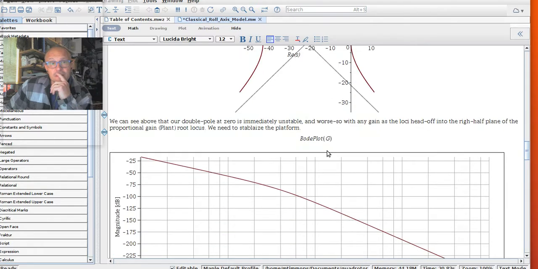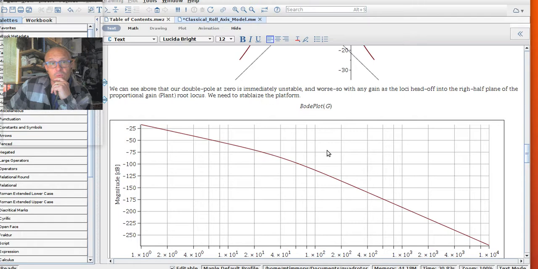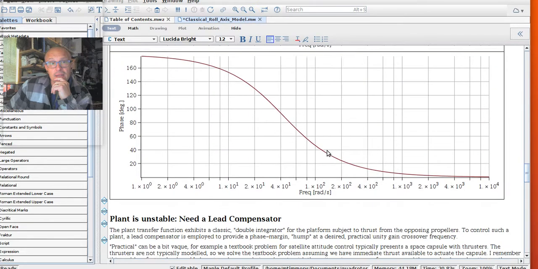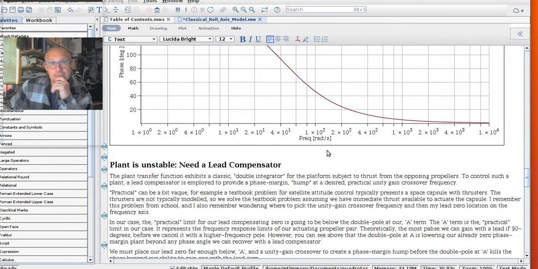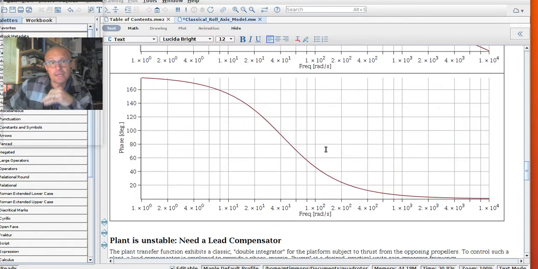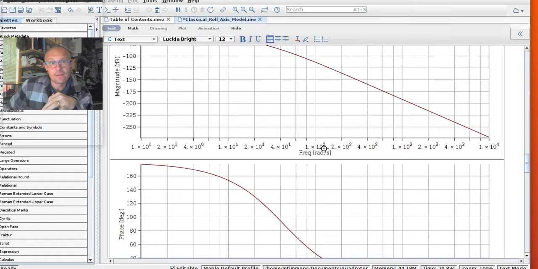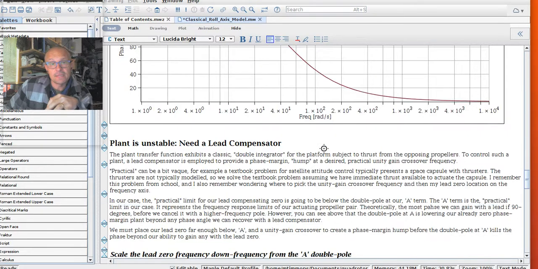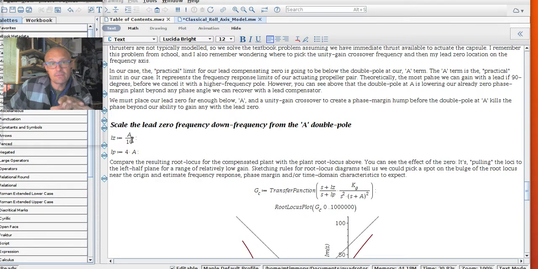Okay, so here's what jumped out at me in this, and why this is a good place to start with this simplified model. We can see that the placement of that lead, whether my scale factors are perfect or not, the intent and the limit are clear.